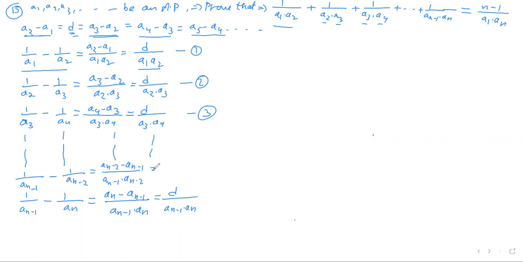So it is d upon an minus 2 into an minus 1. So this is equation number 4 and this is equation number 5. Hope you all have understood the discussion till now.